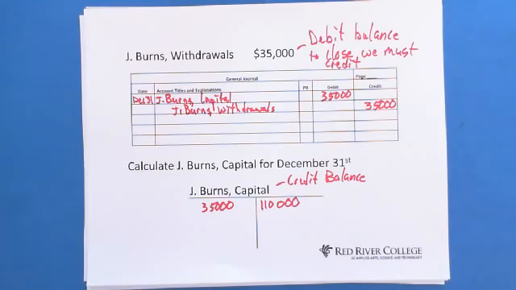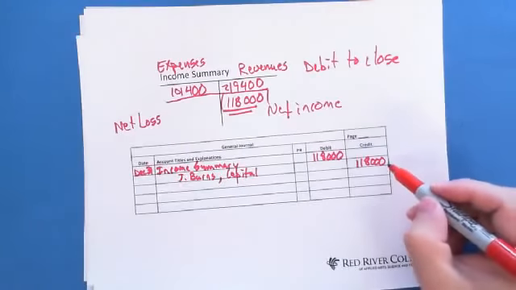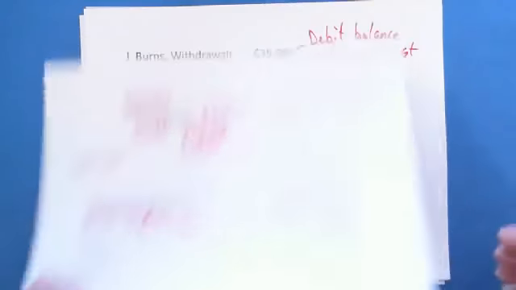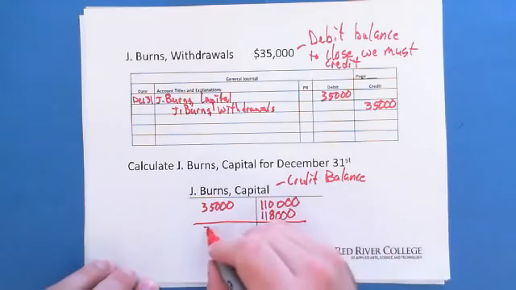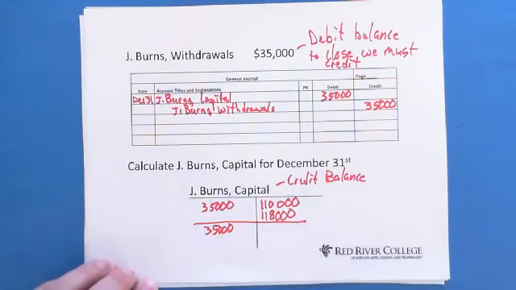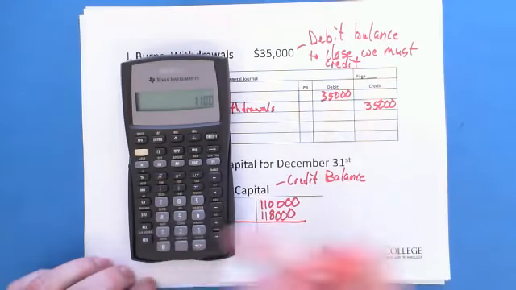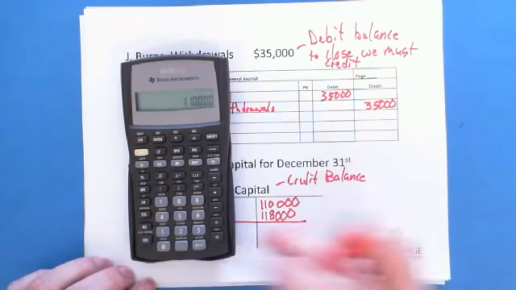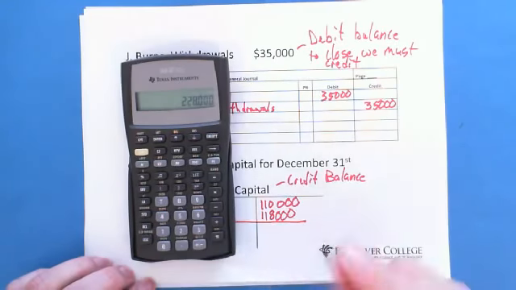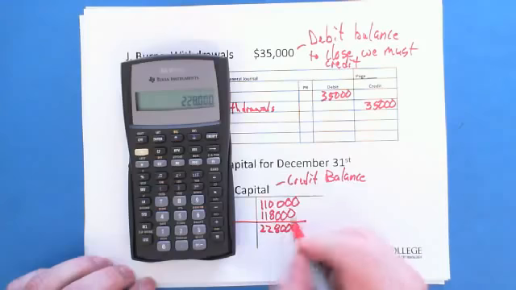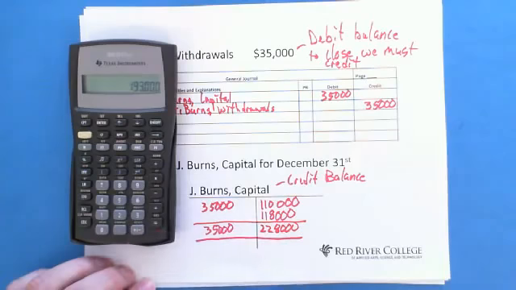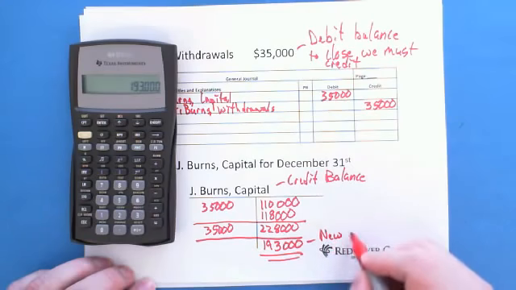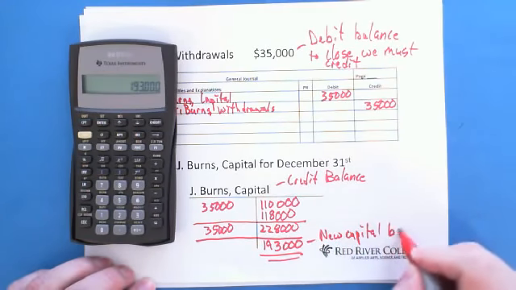And then if we go back to the closing of the income summary, we had credited J. Burns capital for 118,000, so I'm going to post that on the credit side. So we just bring the $35,000 down on the debit, and we add the two credits together. So 110,000 plus 118,000 is 228. Now we subtract the 35,000, and so the new capital is 193,000. So this is the new capital balance for December 31st.